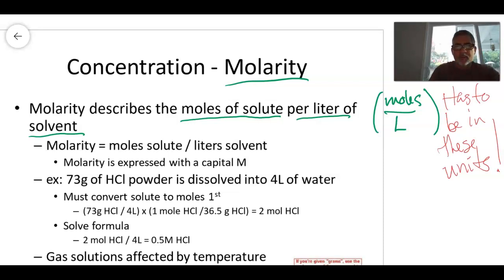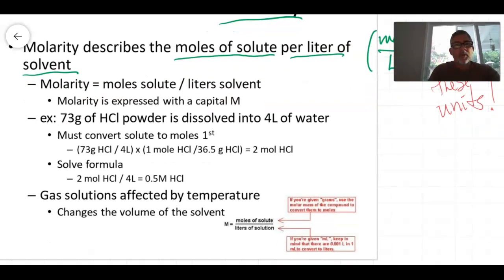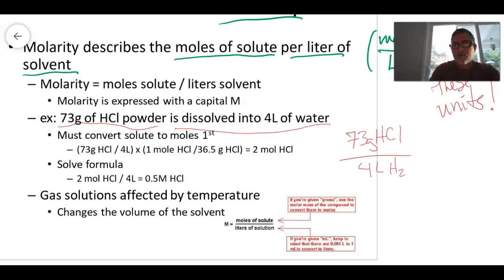So I'll give you an example here. I have 73 grams of HCl powder dissolved in 4 liters of water. The HCl is the solute, the 4 liters of water is the solvent.